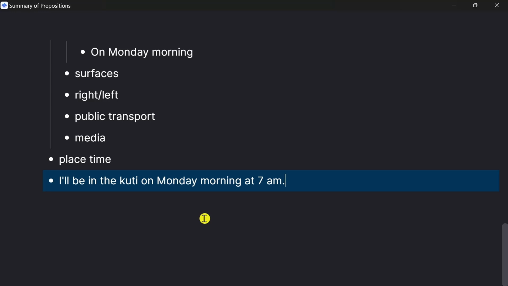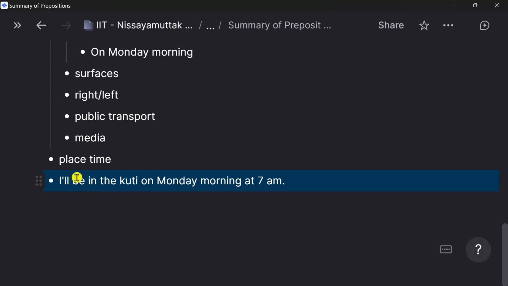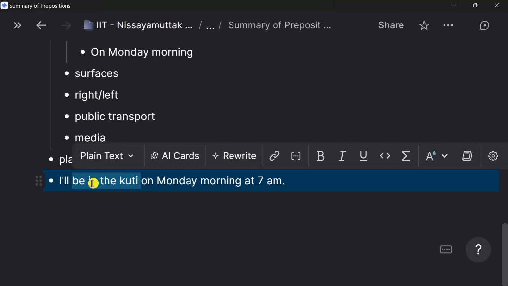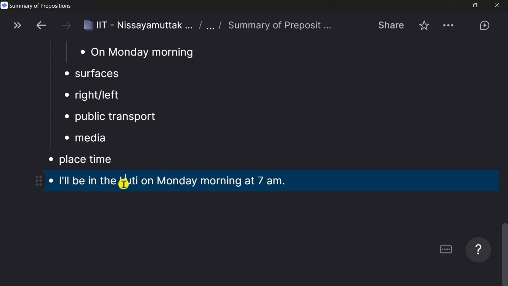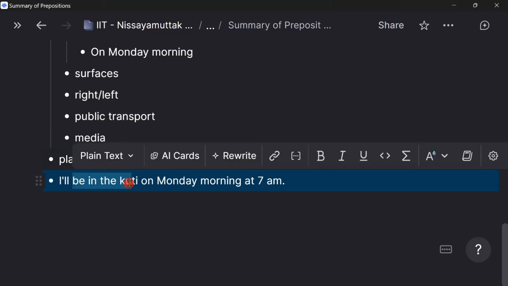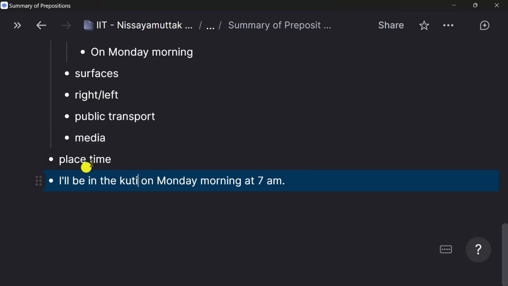It sounds a little strange, because the verb and the place need to be close together. It feels strange to put it later. But you could say I'll be in the kuti at 7 on Monday morning.